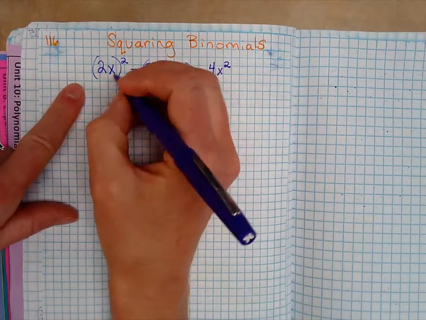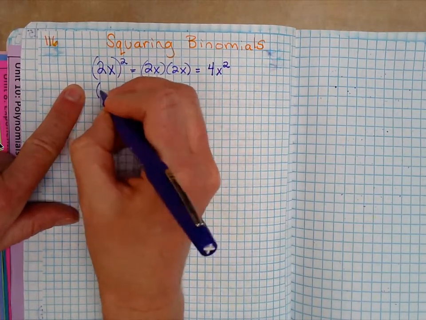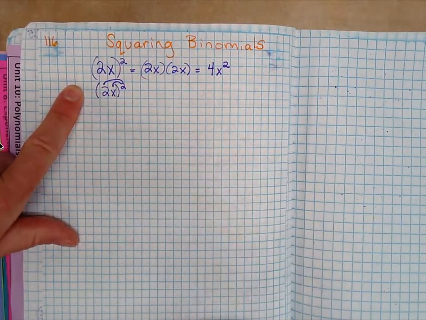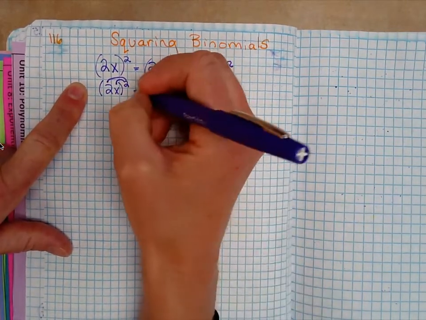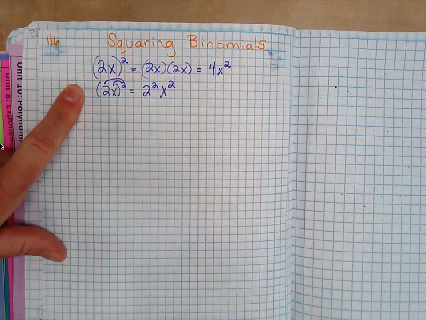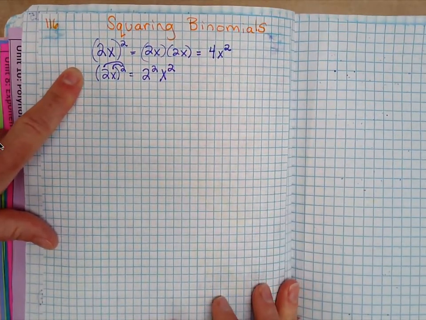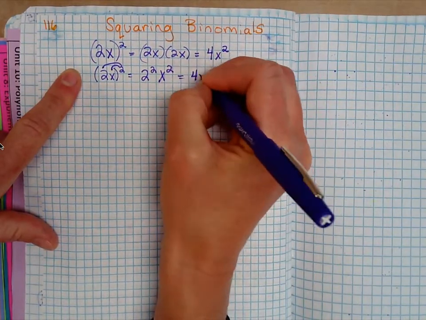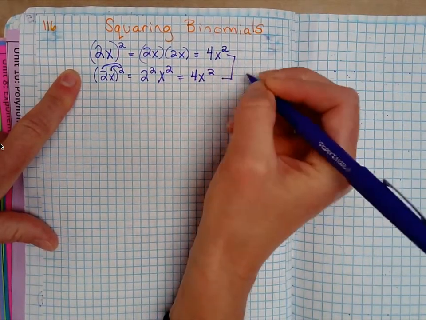Which, if we did it the rule way, which the rule says send the exponent into everything, you have 2 squared times x squared, which is the same thing, 4x squared. So these are the same.